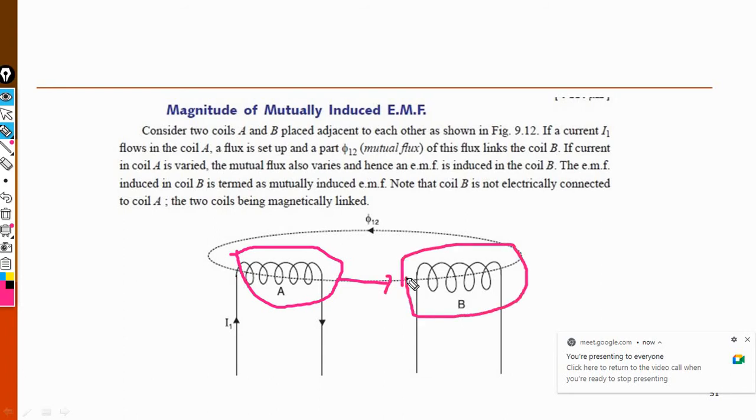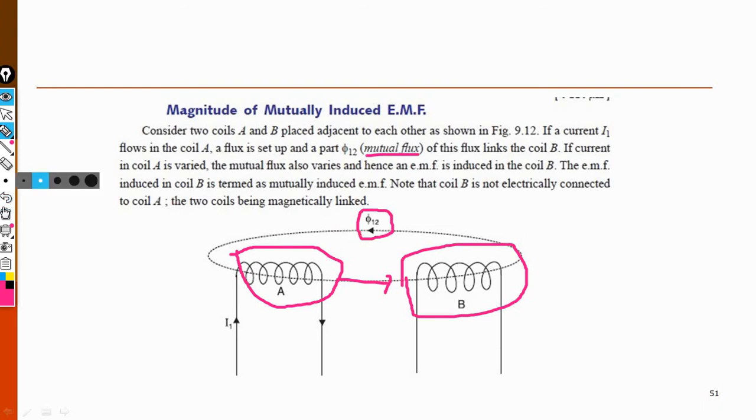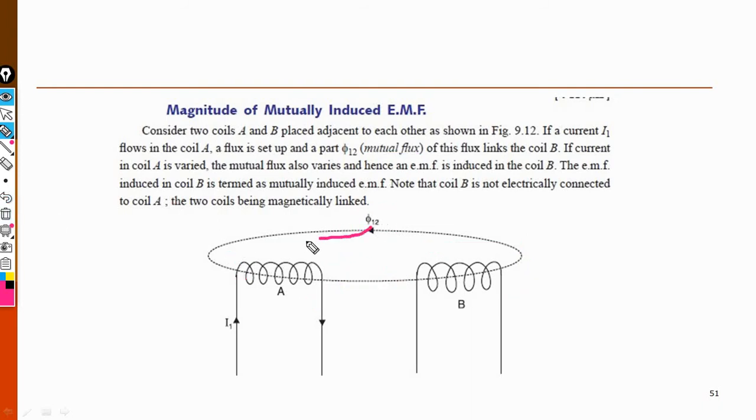Here we have phi 1 and phi 2. We take phi 12, which is called the mutual flux, that is, the mutual flux between coil A and coil B.